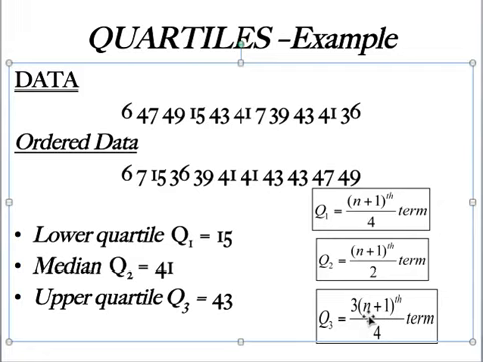So n is 11. 11 plus 1 is 12. 12 times 3 is 36. And 36 divided by 4 is 9. So we're looking for the ninth term. So 1, 2, 3, 4, 5, 6, 7, 8, 9. Ninth term is 43. Okay?